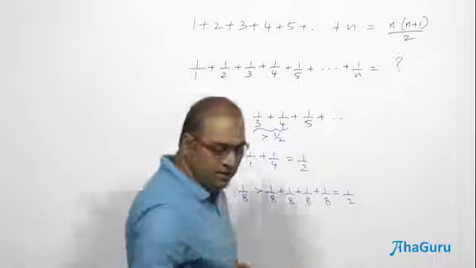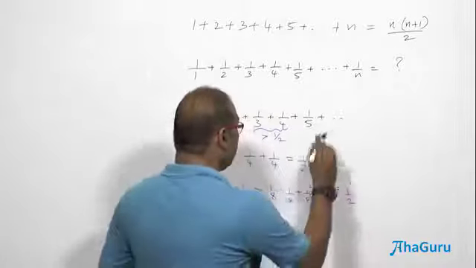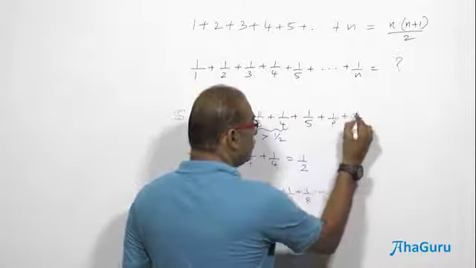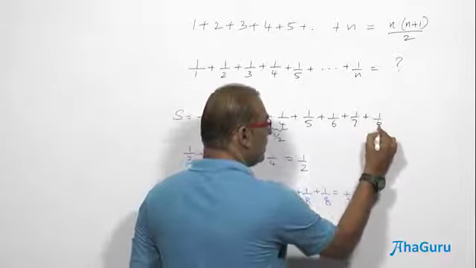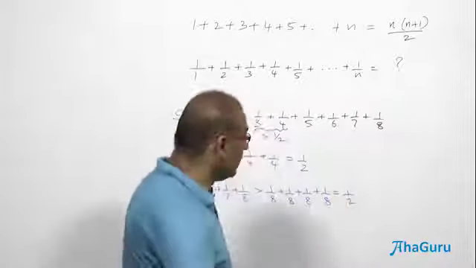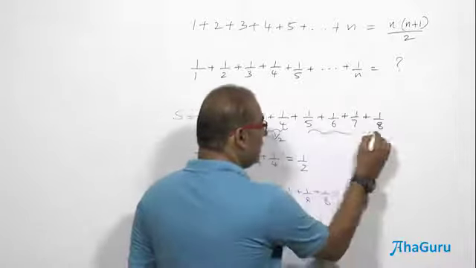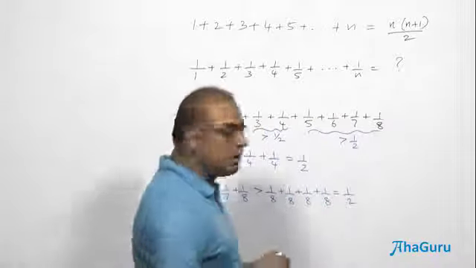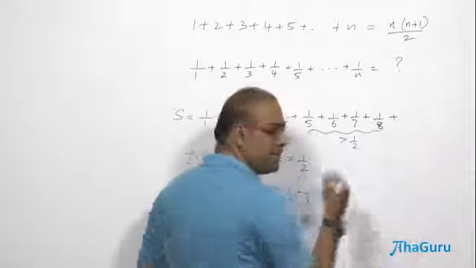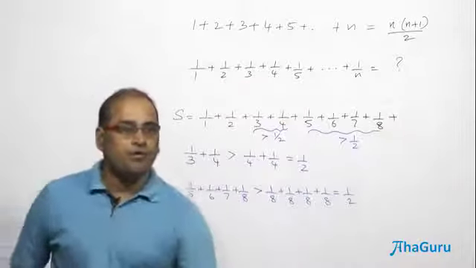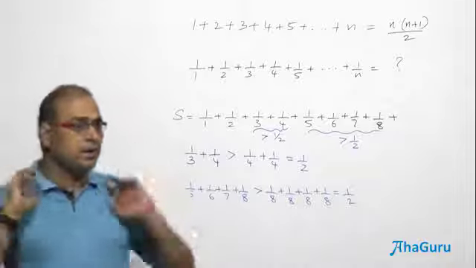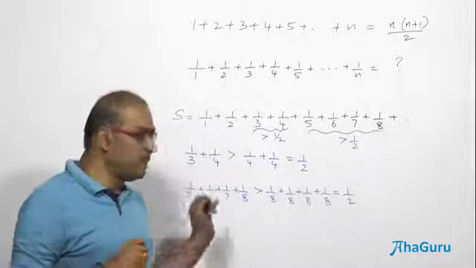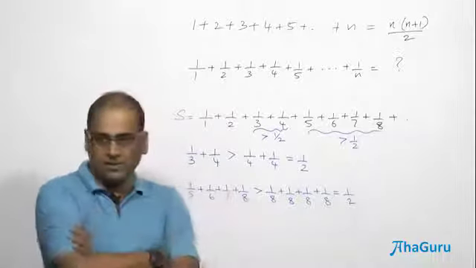Therefore, if I take 1 by 5, 1 by 6, 1 by 7, 1 by 8, this collection is greater than half. So, can you now guess what the next one is going to be? From 1 by 9 till 1 by 16, if you compare each with 1 by 16, you get eight such 1 by 16s.